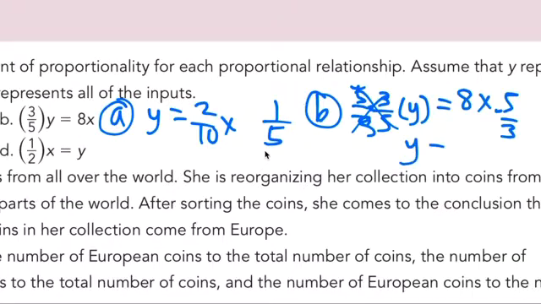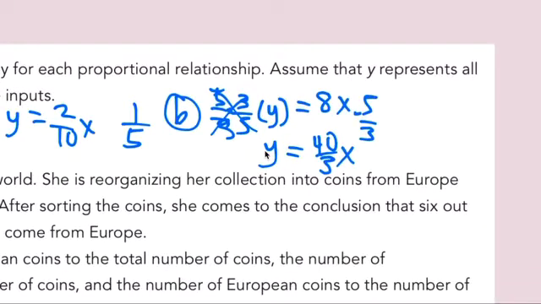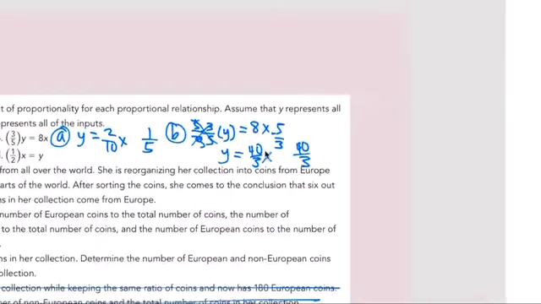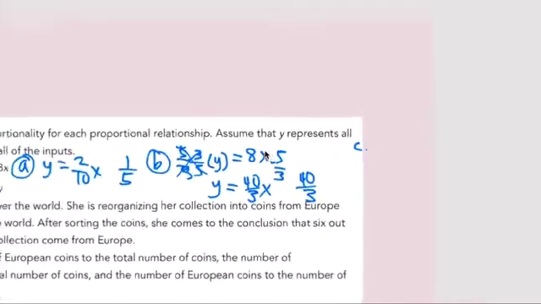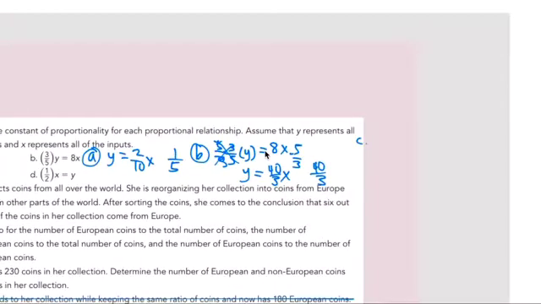You get y equals 40 over 3. So for B, the constant rate of proportionality, the ratio, is 40 over 3. I'm writing on another paper because there's not enough room. C, please use a separate sheet of paper.